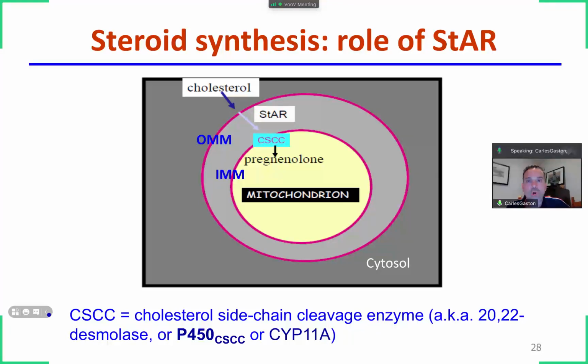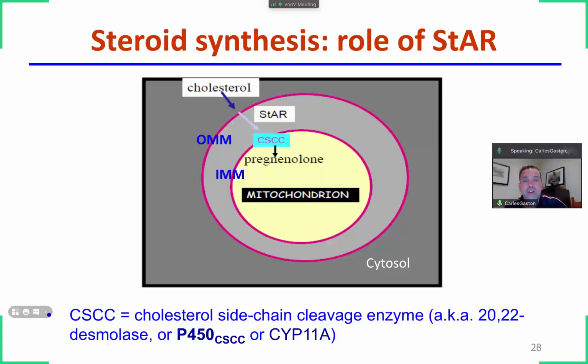So if we look into the steroid synthesis and the role of this protein StAR, basically we have the cholesterol, we have the outer mitochondrial layer and inner mitochondrial layer. So what happens is that cholesterol enters the cell again through the receptors that we just said, TSPO, and the function of StAR.